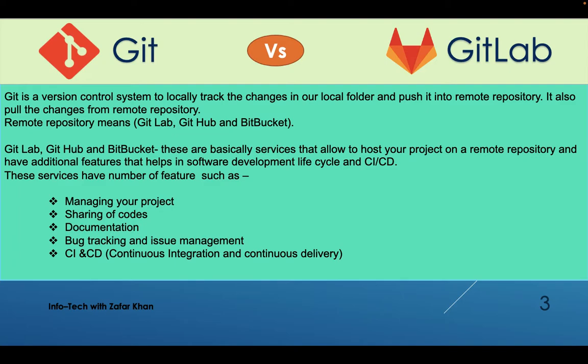A remote repository is nothing but GitLab, GitHub, and there is another service called Bitbucket. These are basically services that allow you to host your project on a remote repository and have additional features that help in the software development lifecycle and CI/CD.